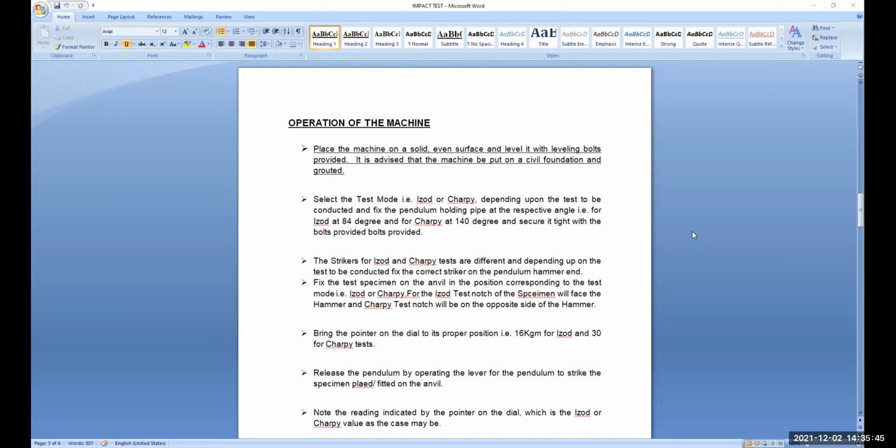The strikers for Izod and Charpy are different. In the case of Charpy, the end is ground into an angle. For Izod, the end is totally flat and squared.